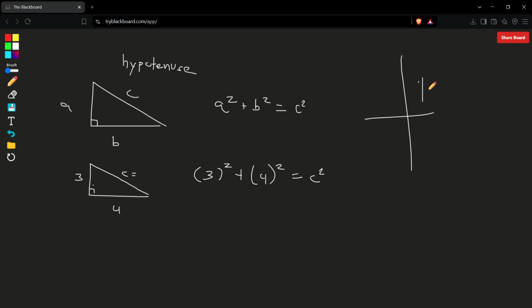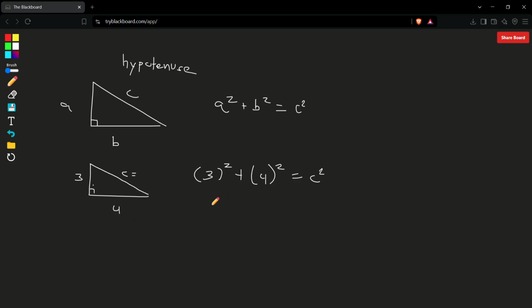This is quadrant 1, this is quadrant 2, 3, and 4. This has positive values. This has negative and positive values. This has negative values, and this has positive and negative values. So you could form a triangle anywhere on those quadrants.